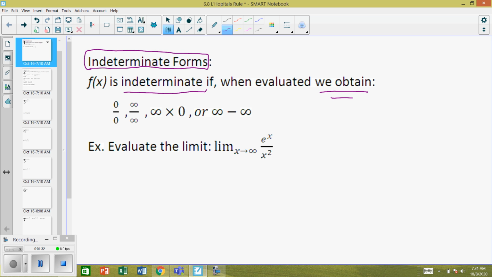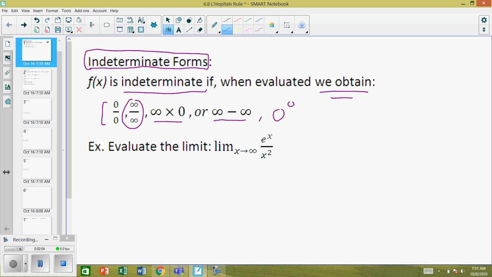If we get 0 over 0, or infinity over infinity, and that could be positive infinity over positive infinity, or negative infinity over negative infinity, any type of infinity over infinity. If we get infinity times 0, or infinity minus infinity, another one that's considered indeterminate is if you have 0 raised to the 0 power.